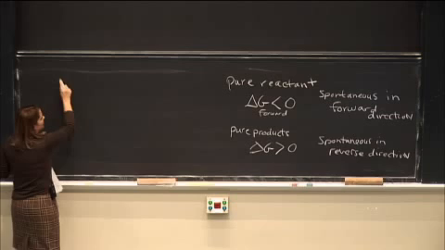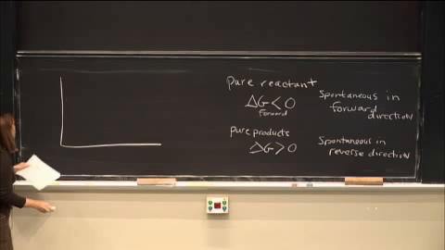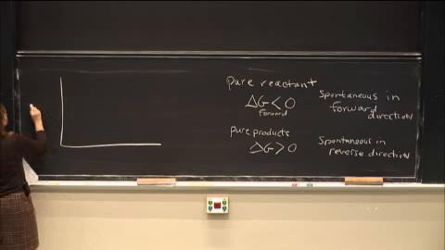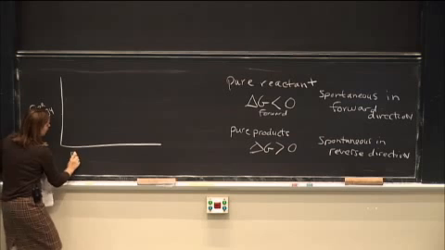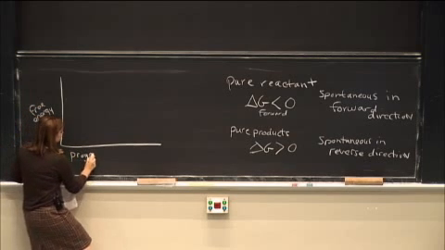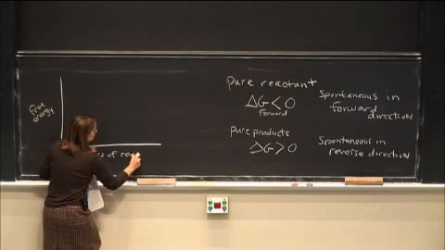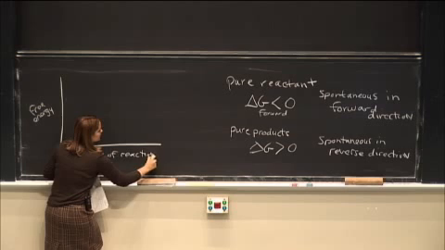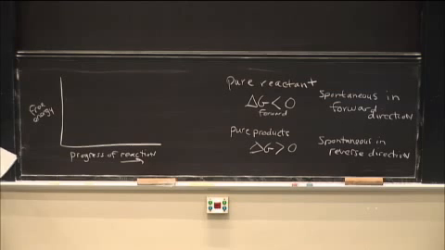So we can think about that in terms of a plot. We can think about free energy versus the progress of the reaction. So the progress of the reaction is going this direction as you go along.